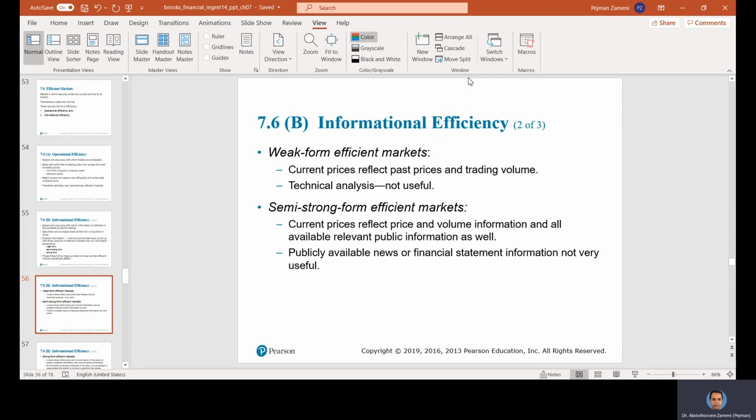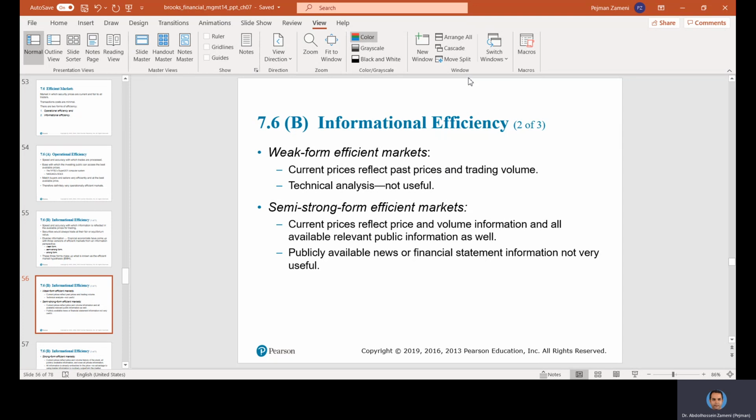Technical analysis is not useful. What does that mean? It means that if there was any news, good news or bad news, the impact of that news has already been reflected in the price of a share. It means that the current price that we have consists of all the past happenings and information.